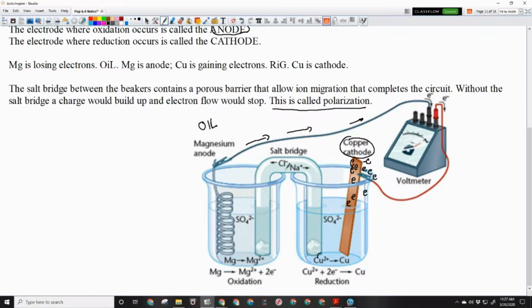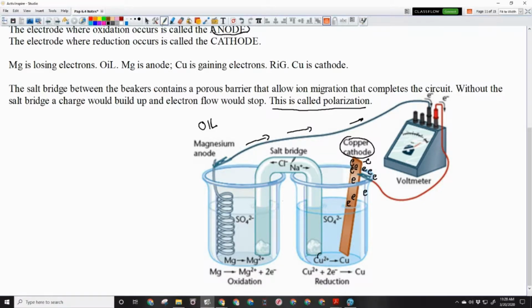So to prevent that and make this battery last longer, you're going to have a tube here that's filled with salt. In this case, it's sodium chloride. In the bottom here, you want to put some porous material like cotton so that the liquid doesn't rush out, and the liquid sodium chloride stays in here, separated from the magnesium sulfate and copper sulfate.